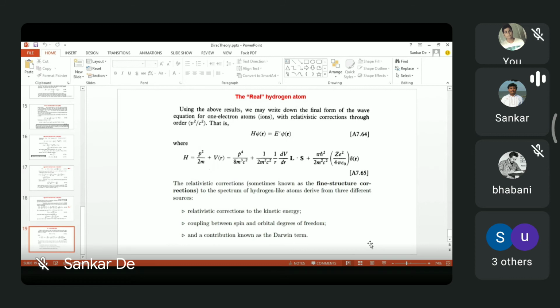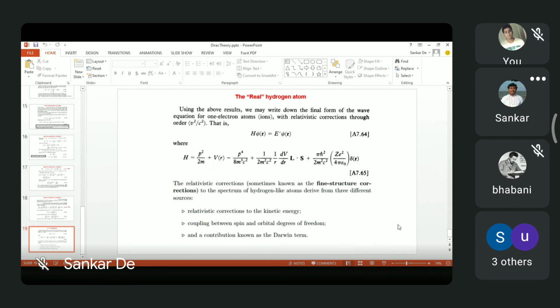And we finally see what this Darwin term is. So this is the way that the relativistic quantum mechanics, or the Dirac theory, finally came out with a solution of the real hydrogen atom problem where the fine structure corrections are included.